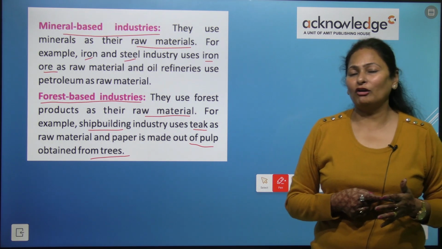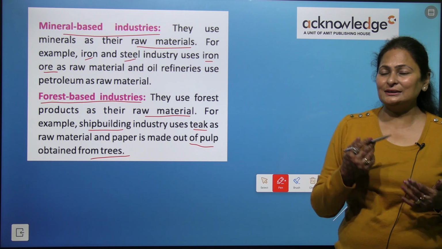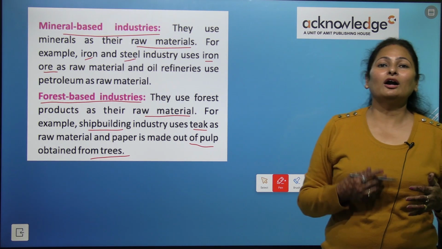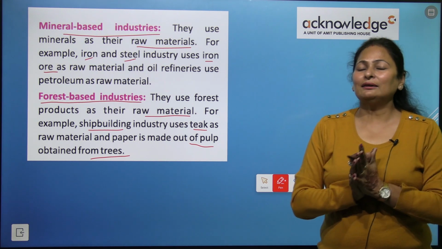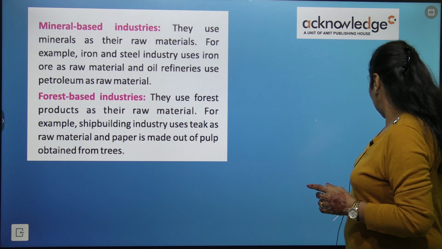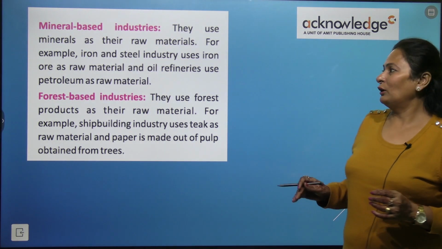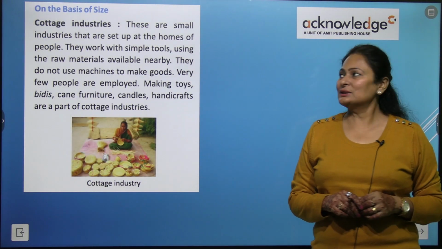So such kinds of industries are established near forests, and these are called forest-based industries. They collect the material from the forest, and the finished product is made in the industries.